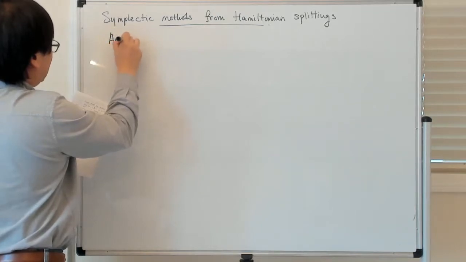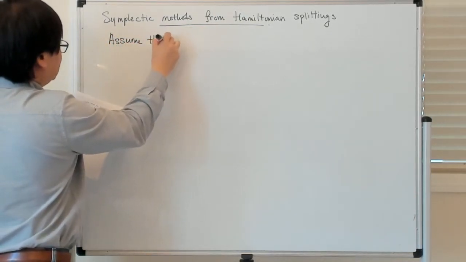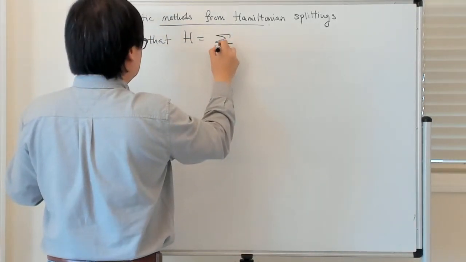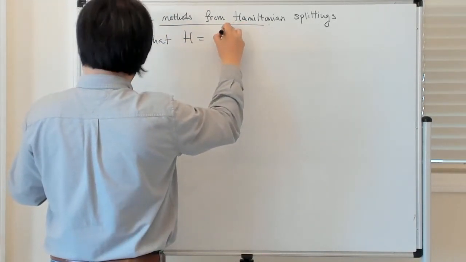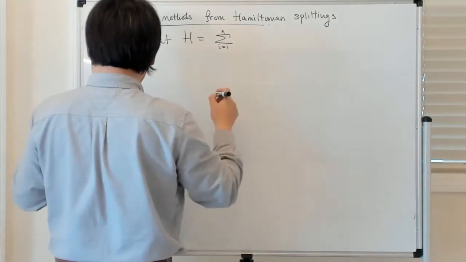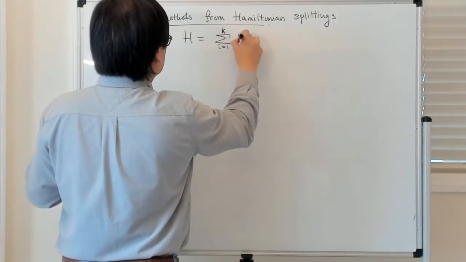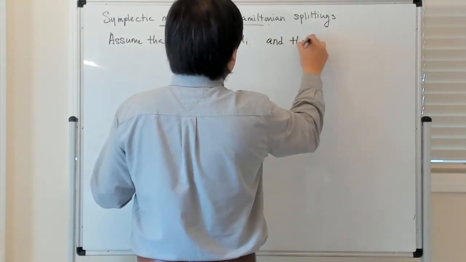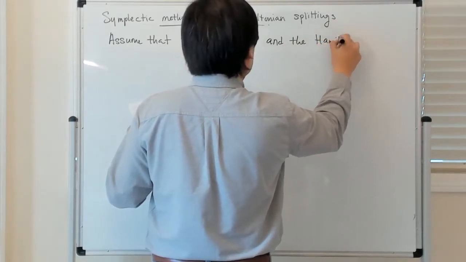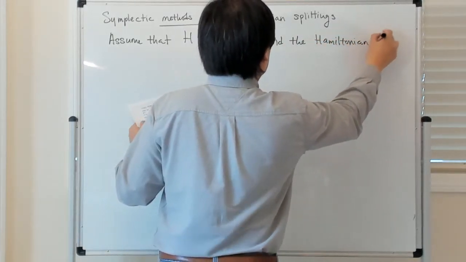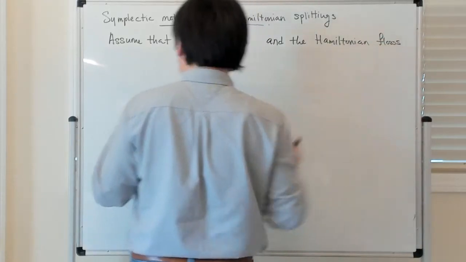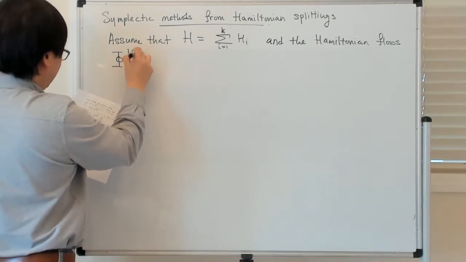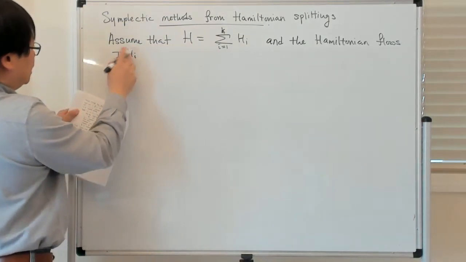So let's say that you have a Hamiltonian H, and you can write this as a sum of other Hamiltonians H_i, and the Hamiltonian flows associated with each of these H_i, Phi_{H_i}(t).